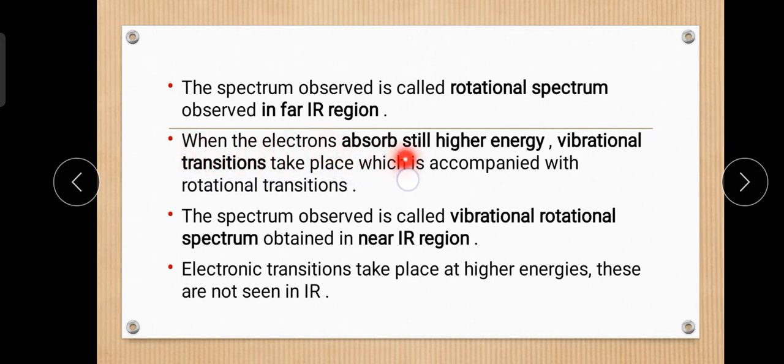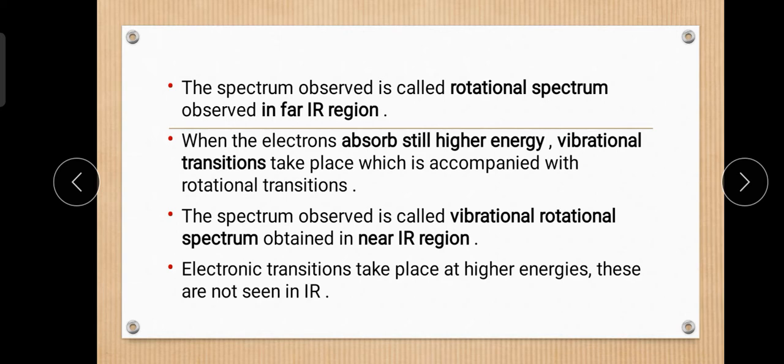When the electrons absorb still higher energy, a vibrational transition takes place, which is accompanied by rotational transitions. That means this energy is slightly greater than the previous type, so there is a possibility of vibrational transition, accompanied by rotational transition, because the vibrational levels consist of different rotational lines.